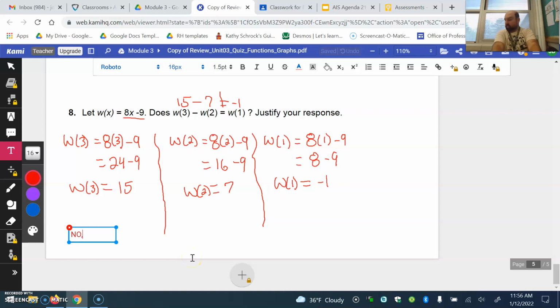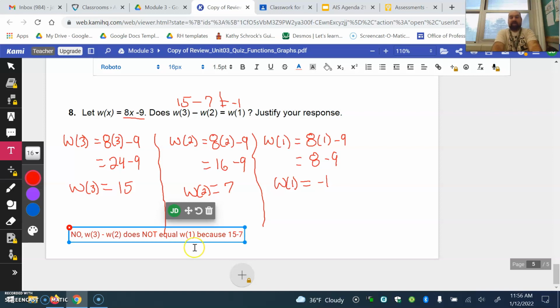So, no, w of 3 minus w of 2 does not equal w of 1, because 15 minus 7 equals 8, not -1.